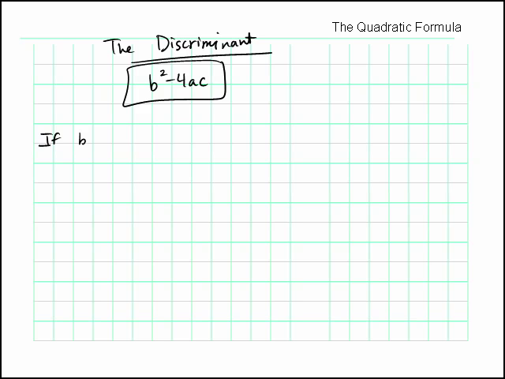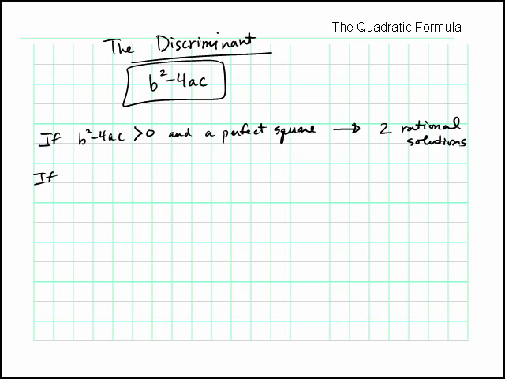If the discriminant b squared minus 4ac, if you plug in your numbers, turns out to be positive and a perfect square, then that means if we solve using our quadratic formula, we're going to have two rational solutions.